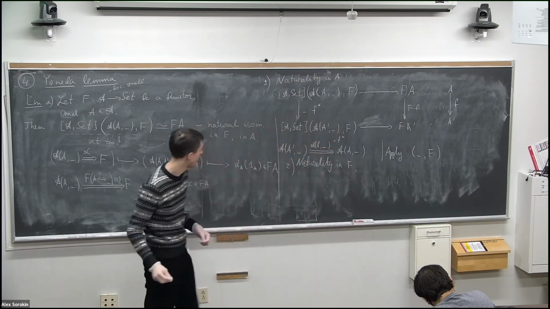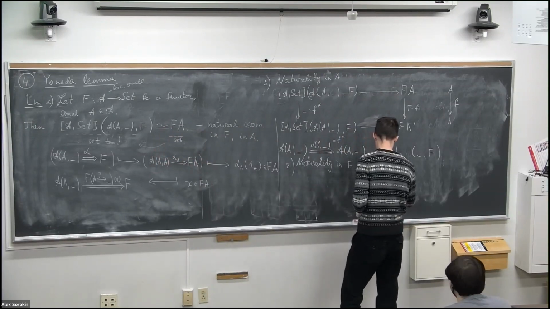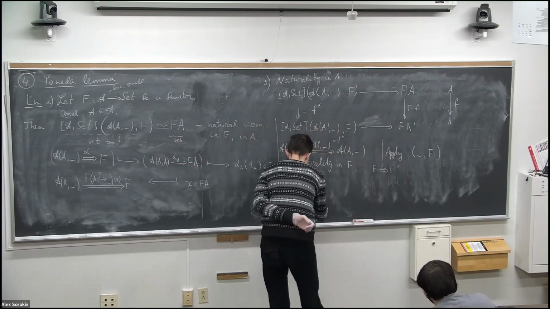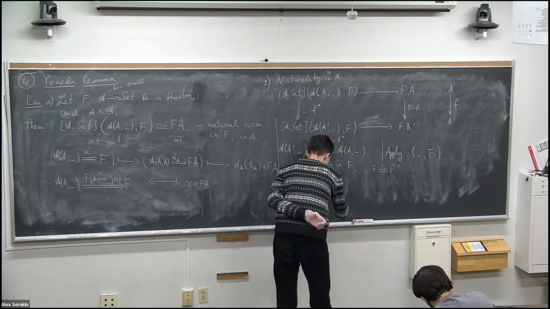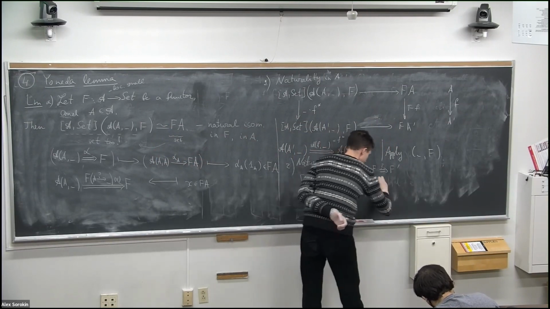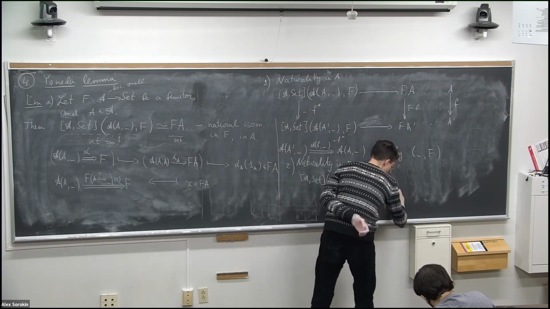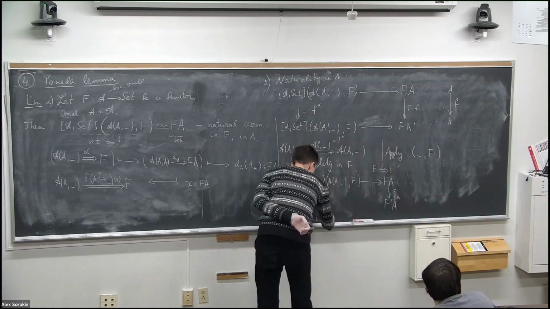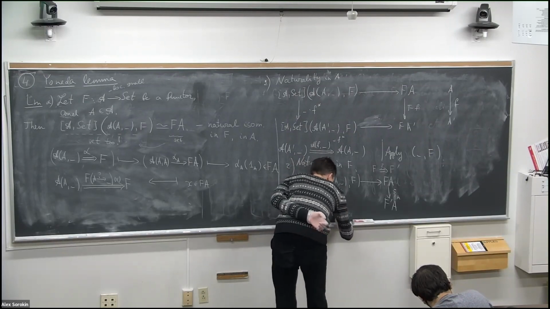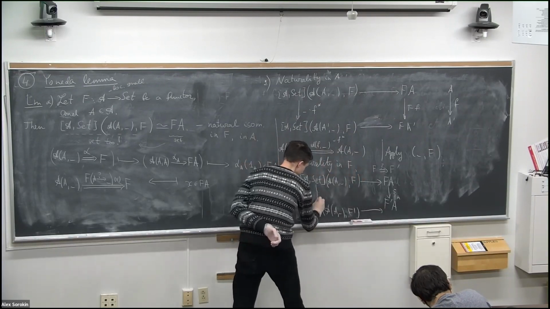Naturality in F. You have a natural transformation from F. And then you will get, there's an arrow here.